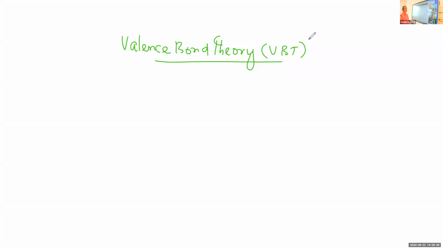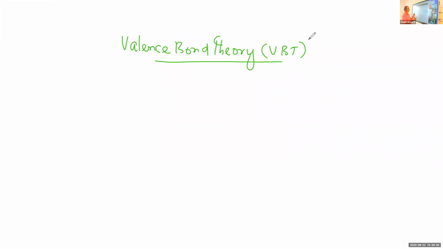That is one approach according to Lewis. Then there is the valence shell electron pair repulsion theory. That is another approach, research work done by a group of scientists. All are different approaches.